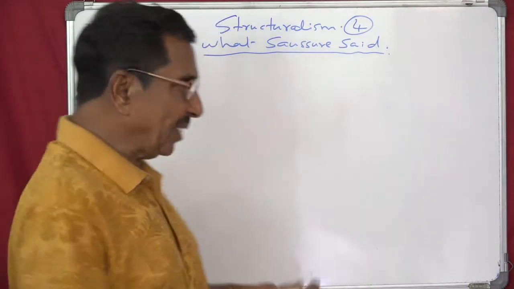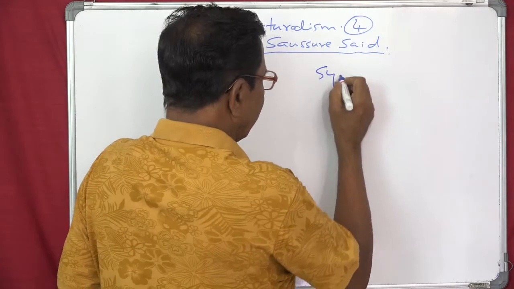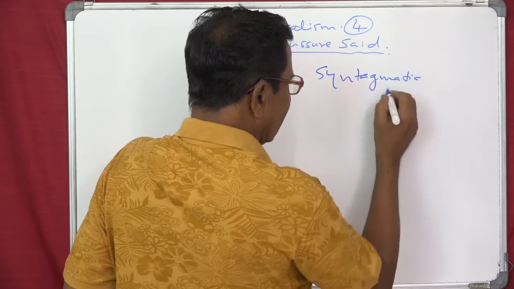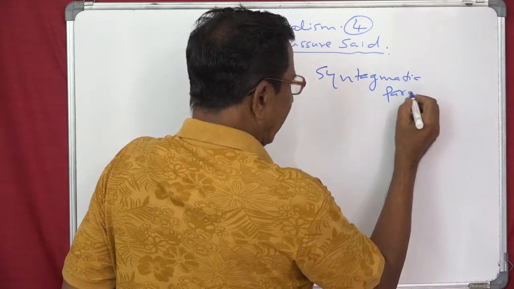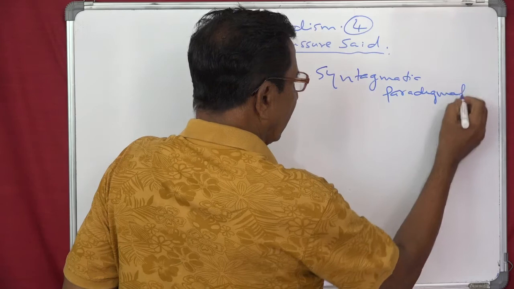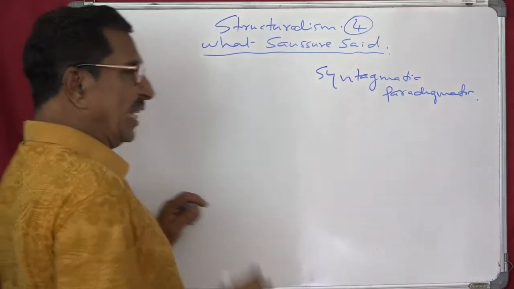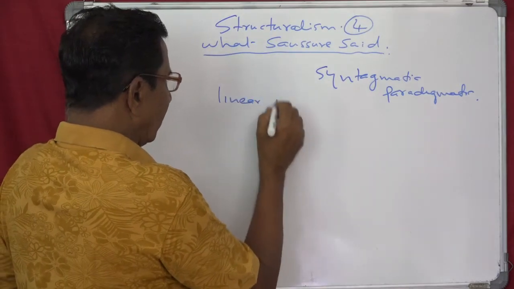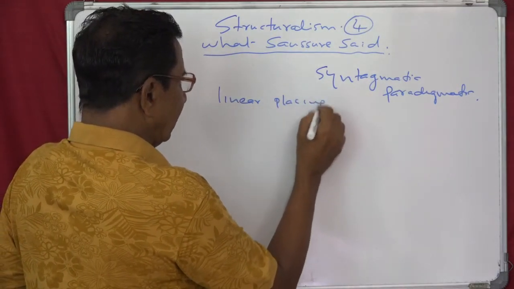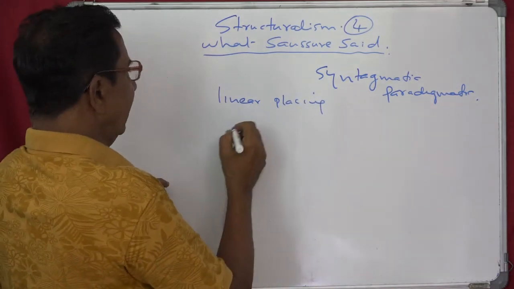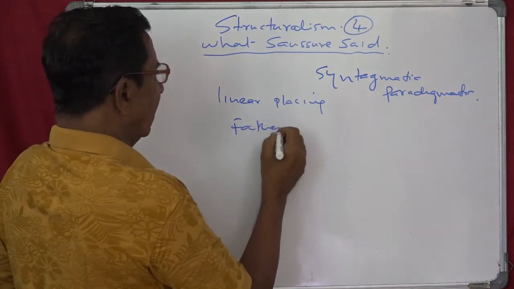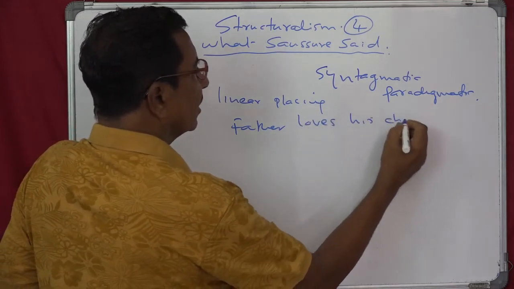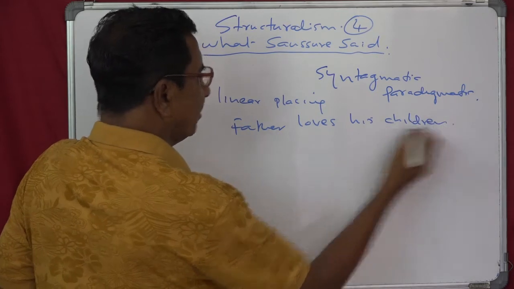Okay. Then the next pair is syntagmatic and paradigmatic. All languages have this relationship. These are big words. Syntagmatic means linear placing. For example, if you say, father loves his children, this is perfectly alright.